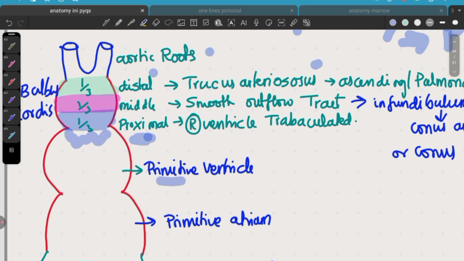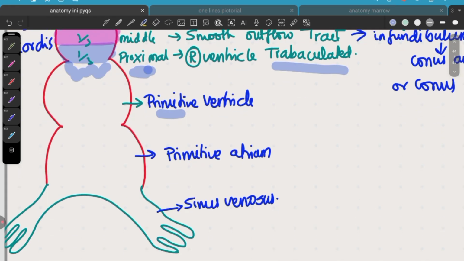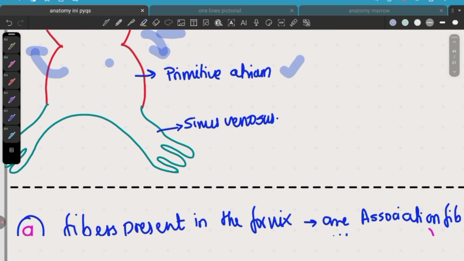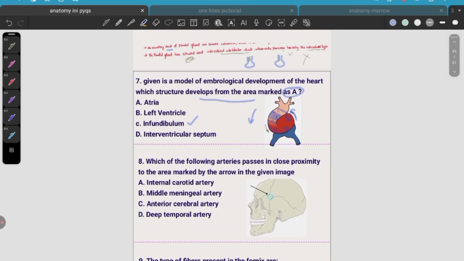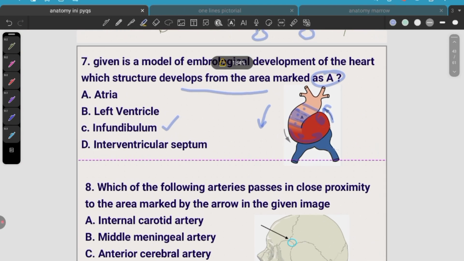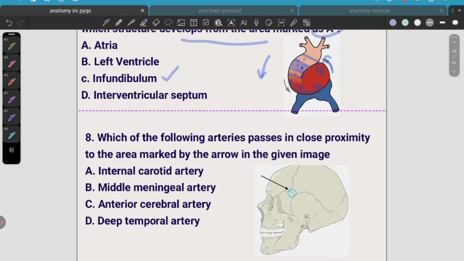So it will form a trabeculated part of the right ventricle, and this primitive ventricle, primitive atrium, this will go up and this will come down. So this is the sinus venosus. Understood? Hence the middle part will form an infundibulum, that is smooth outlet.